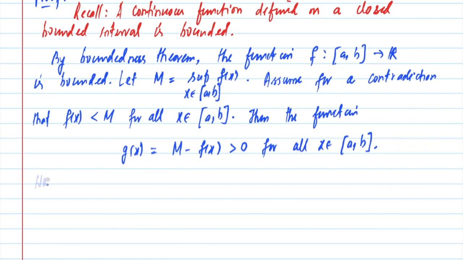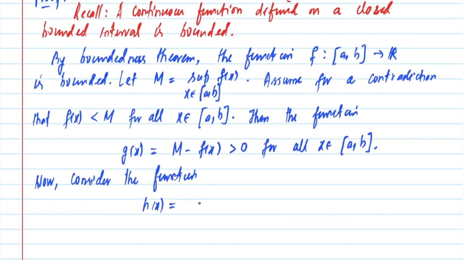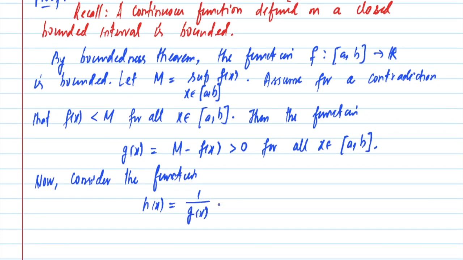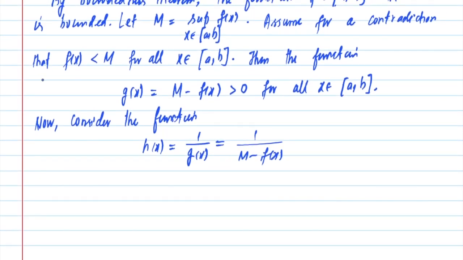Now consider the function. Let's define a function h(x) equal to 1 divided by g(x). So this function is actually 1 divided by (M minus f(x)). Now since M minus f(x) is greater than 0, this h(x) is again a continuous function.